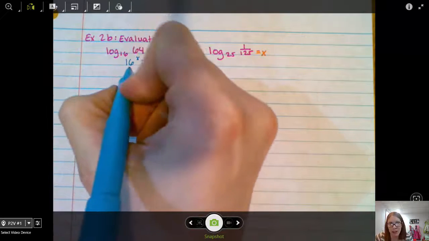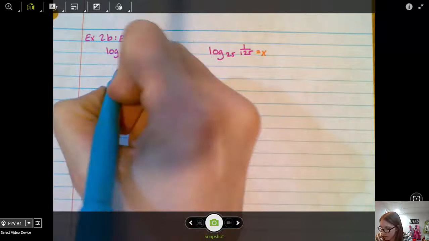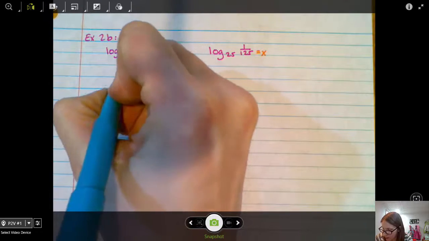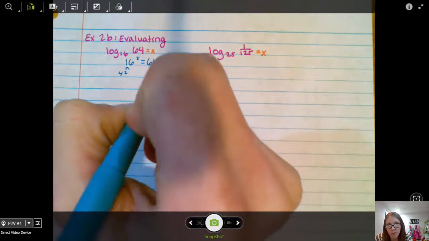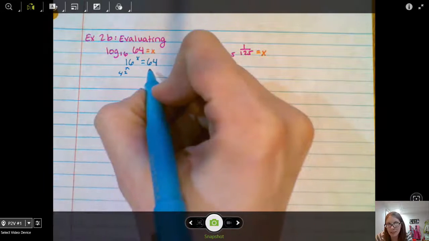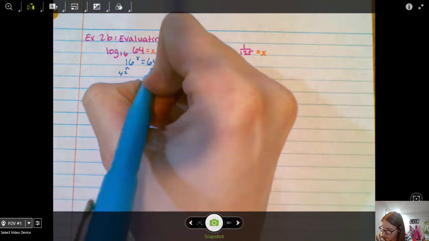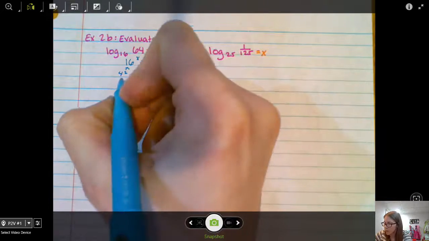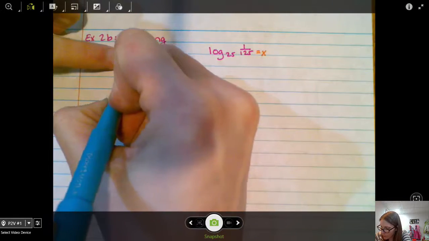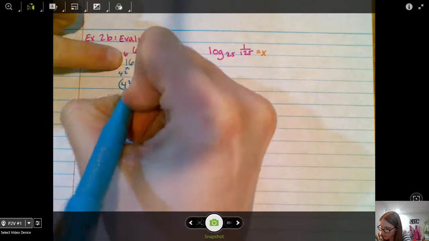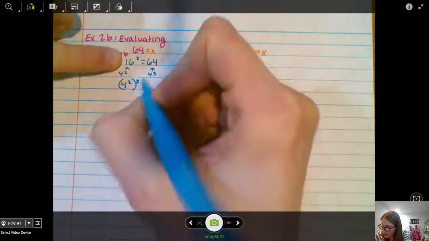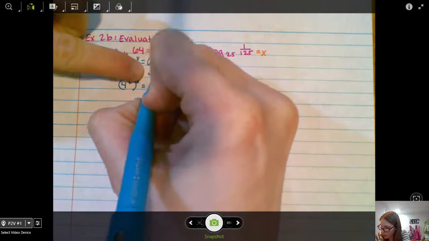But let's think for a second. I could rewrite 16 as 4 squared. Oh, and I could rewrite 64 as 4 to a power also. So 16 is 4 squared to the x, and 64 is 4 cubed.